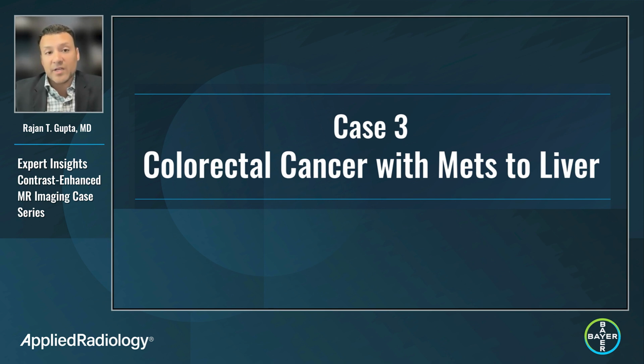And that needs to be done in the pre-operative setting as well as throughout the disease course of that patient. So in this next case, I'm going to show you a little bit about what we look for in the preoperative assessment of a patient for hepatic arterial infusion pumps.